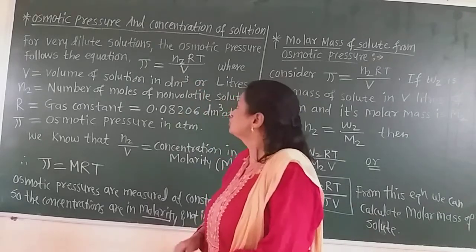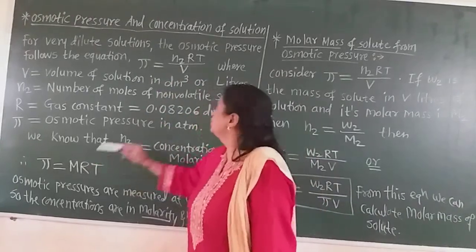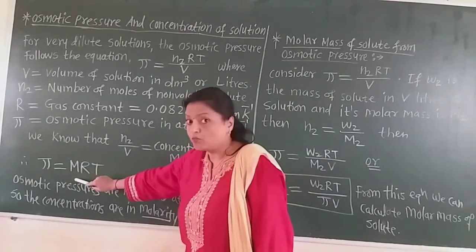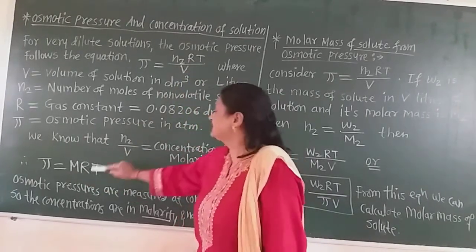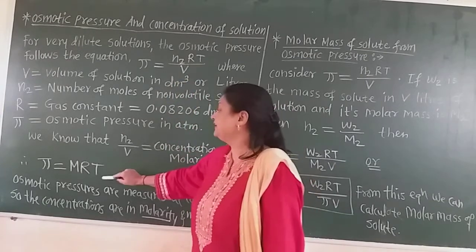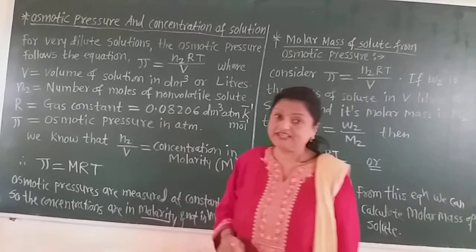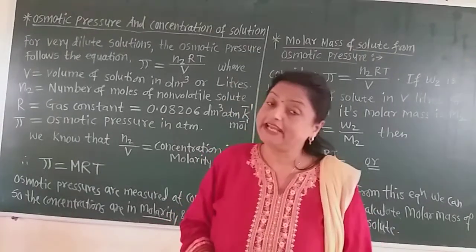So pi is equal to MRT, where M is the molarity, R is the gas constant and T is the temperature. In this way the osmotic pressure can be calculated.